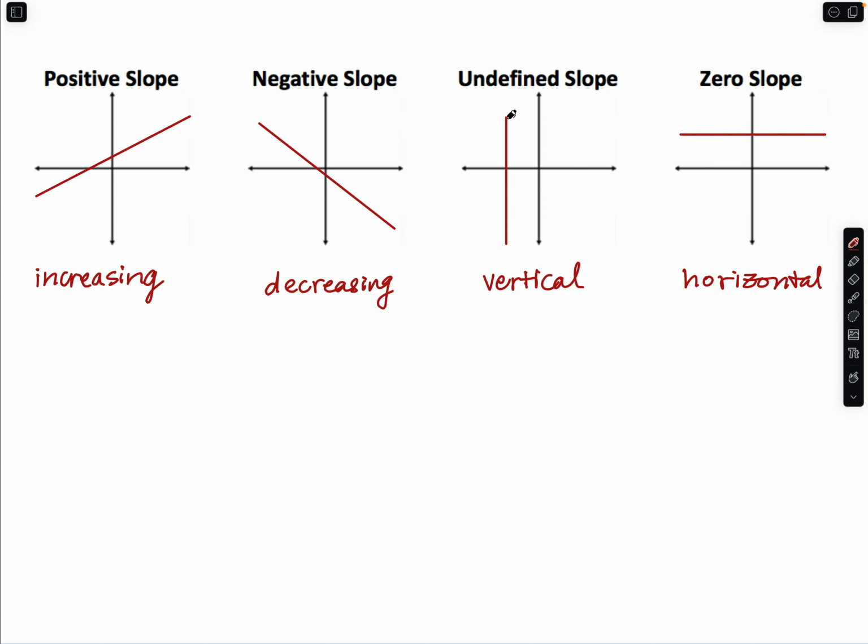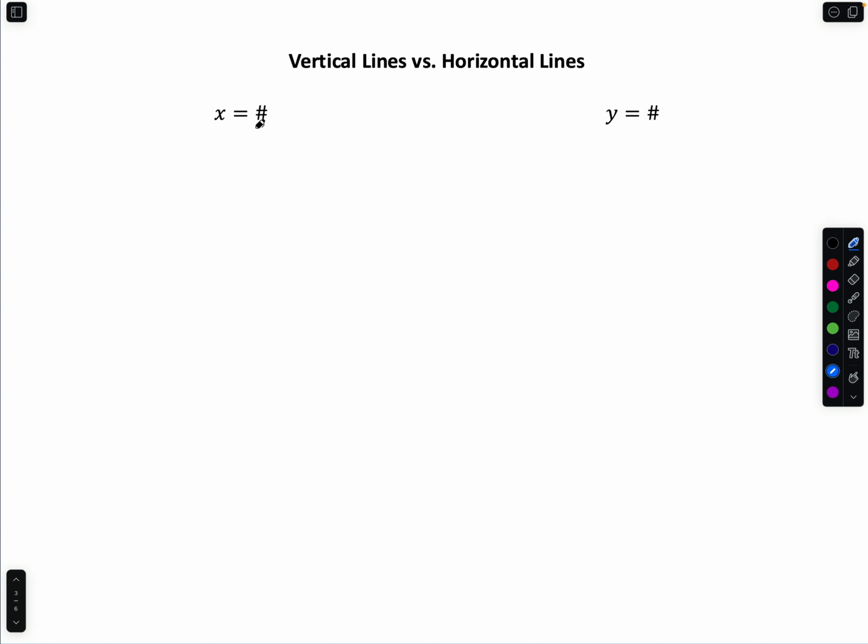If I were to pick any point on this line, my x-coordinate here is going to be the same as my x-coordinate there, or there, or there. Every single point that lies on this line has the exact same x value. And thus, that's why we have this equation here.